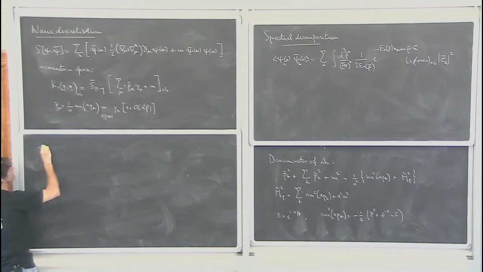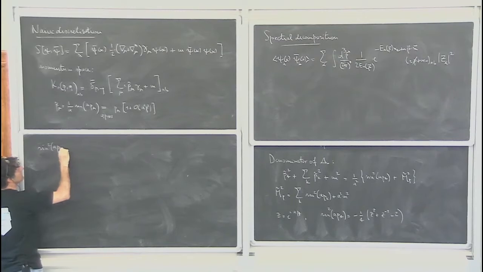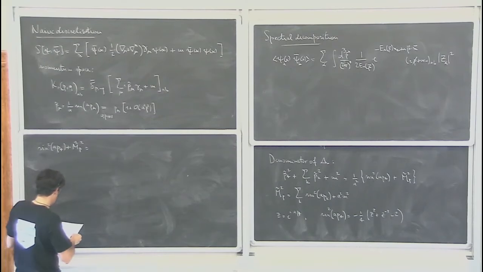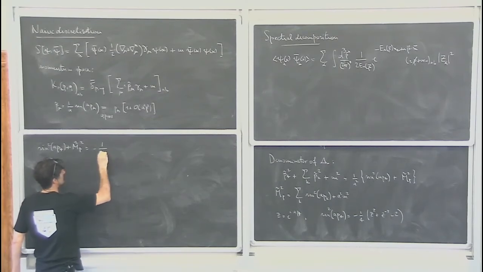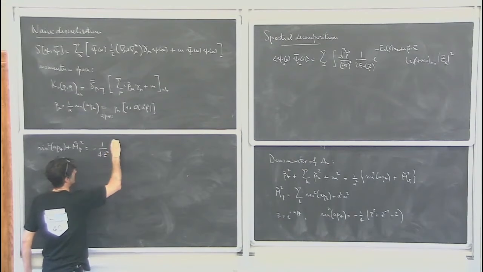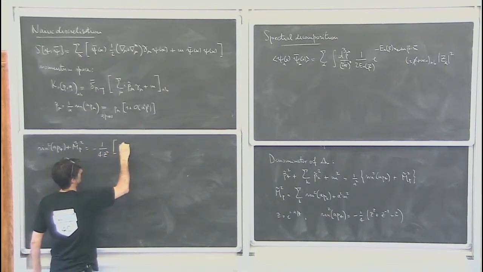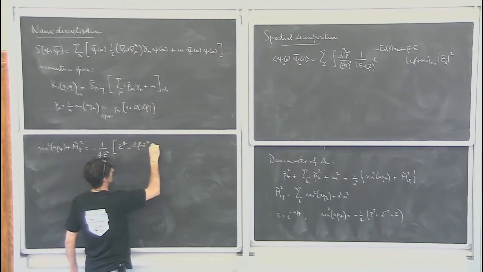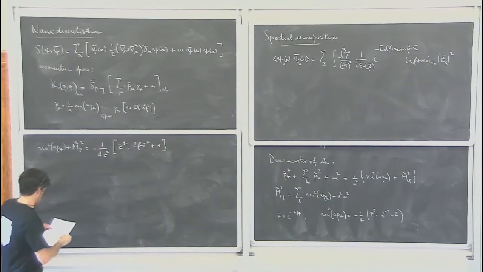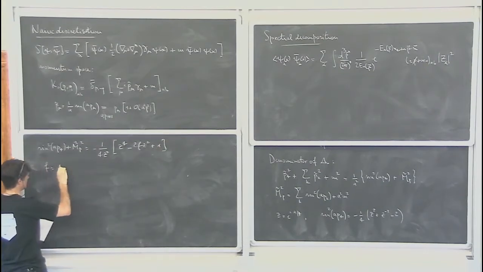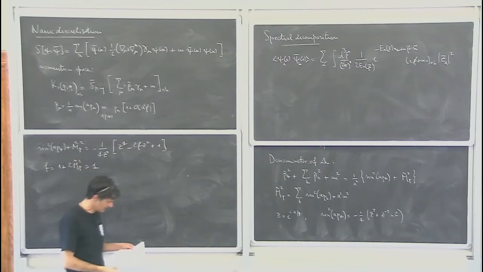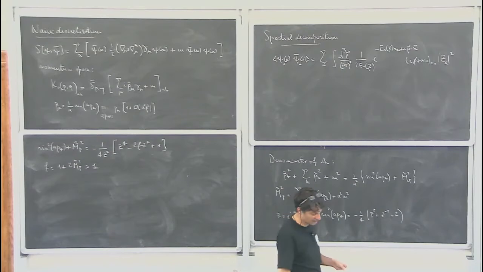So the sine squared of a P4 plus M tilde P squared we can rewrite as minus 1 over 4 z squared, please check, times z to the power 4 minus 2 f z squared plus 1, where f is just 1 plus 2 M P tilde squared, which is a number greater than 1, given that m squared is always positive.